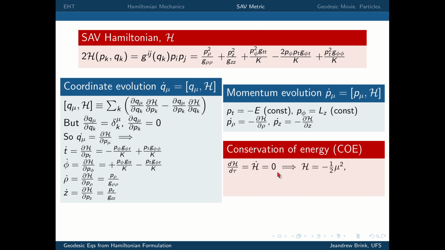This means we can set H equal to a constant, which we call -1/2 mu squared, different from the index used earlier, where mu is interpreted as the rest mass of the particle in motion in this Hamiltonian.